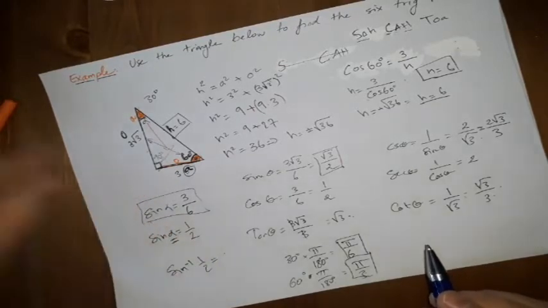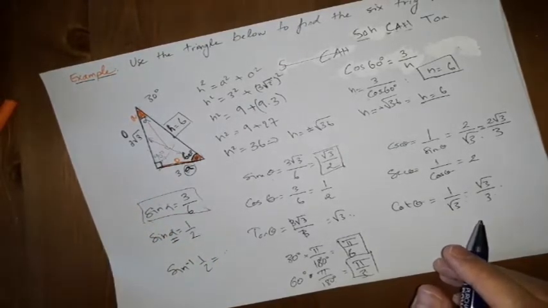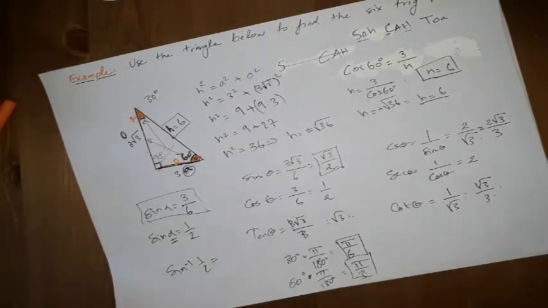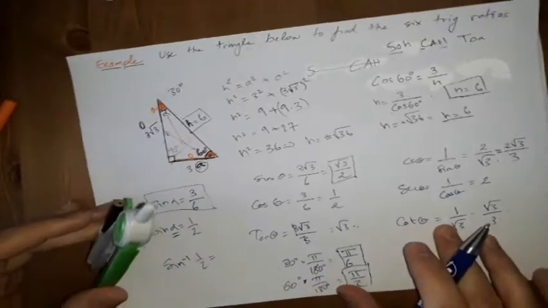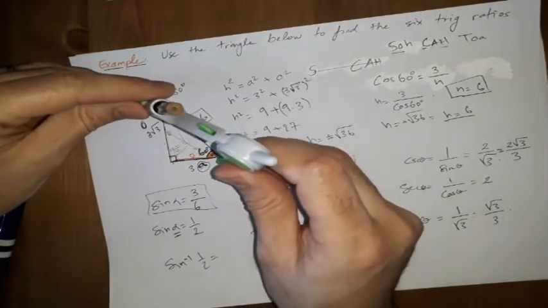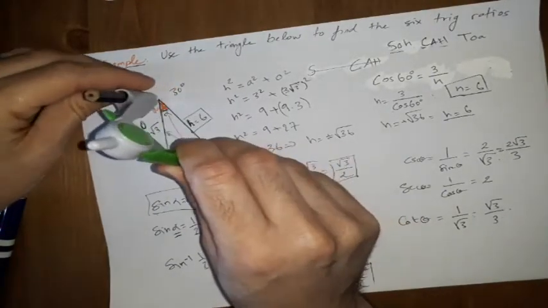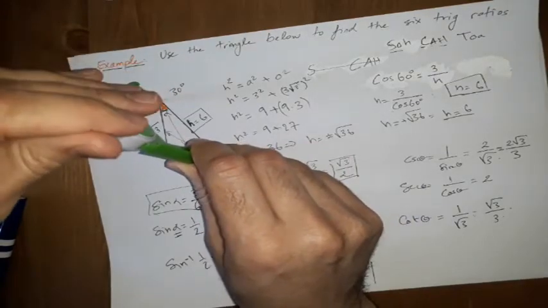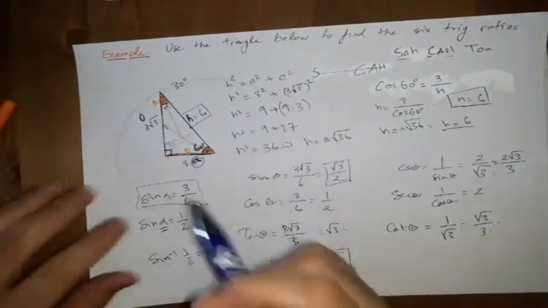Now, for example, let's use a compass to show you something. If I want to know the length of this arc, let me show you what I'm talking about. Look at this arc right here.